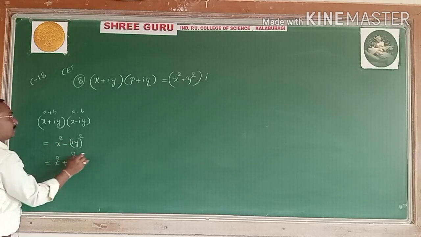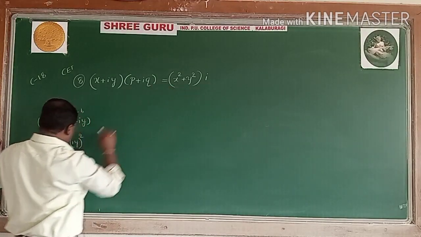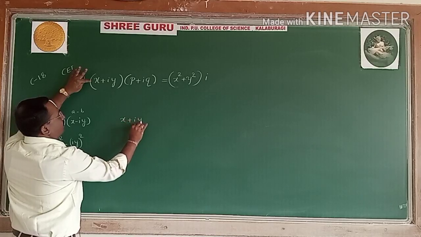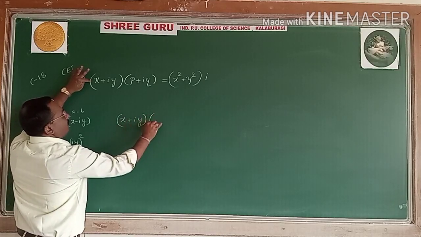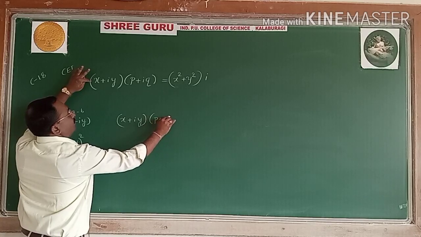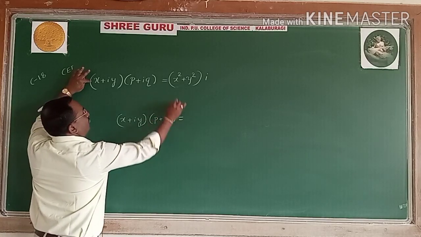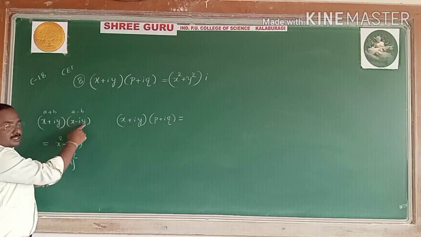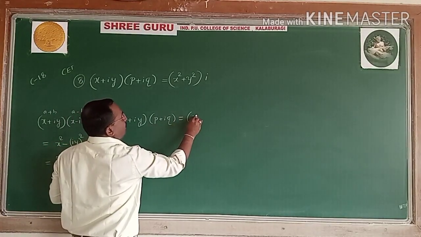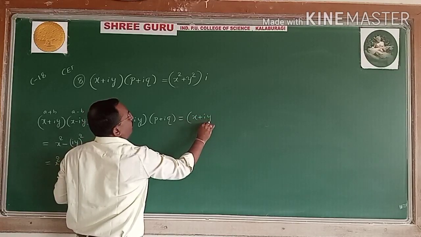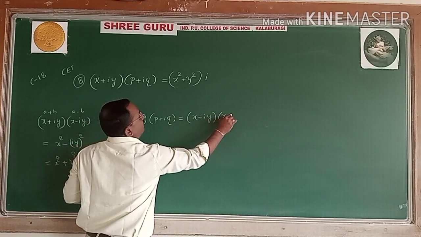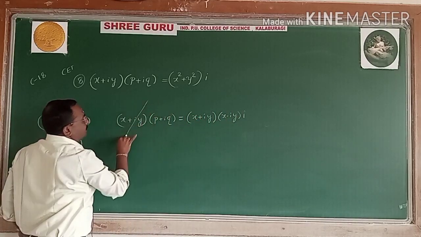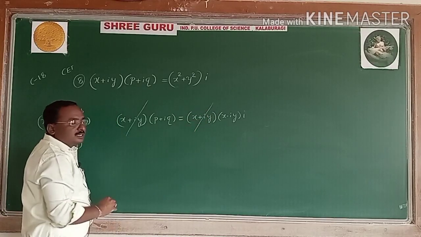Now write this: x plus iy into p plus iq is equal to x square plus y square, which can be written as x plus iy times x minus iy. Converting the complex x plus iy into x minus iy, with i as it is. x plus iy cancels.